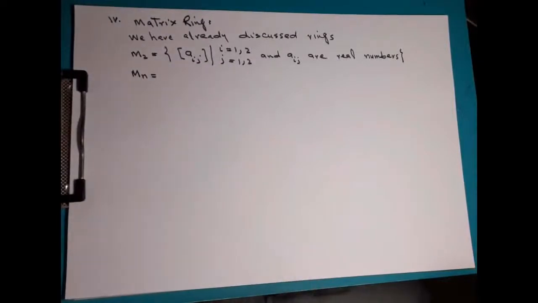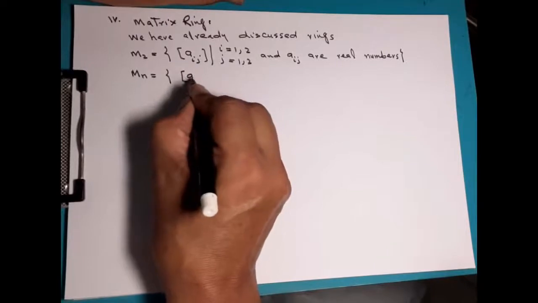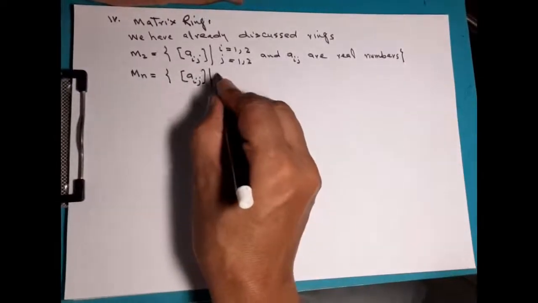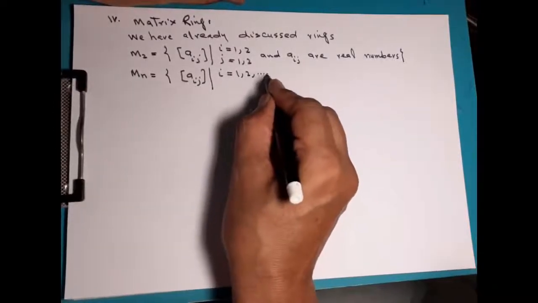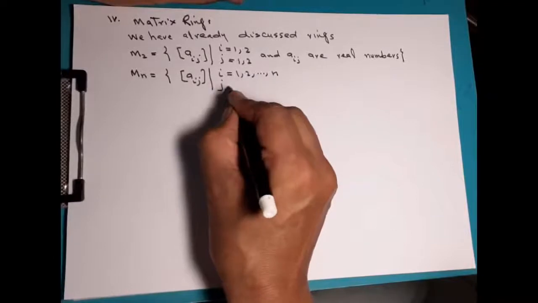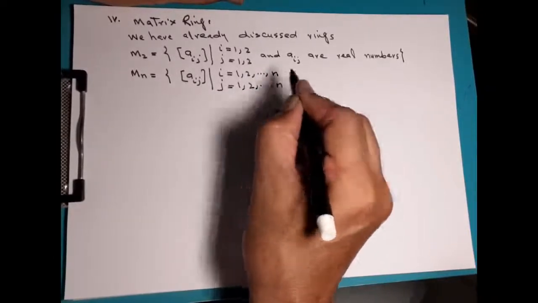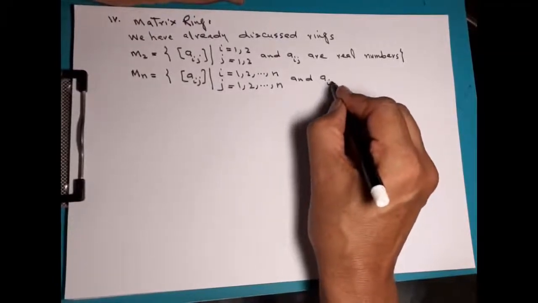Mn is equal to aij such that i is equal to 1, 2, and so on up to n, j is equal to 1, 2, and so on up to n, and aij are real numbers.